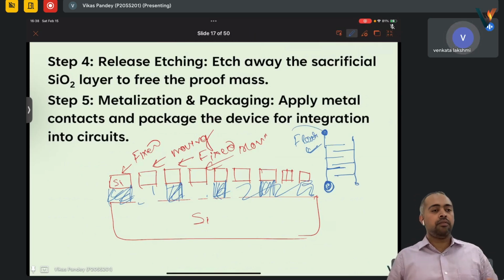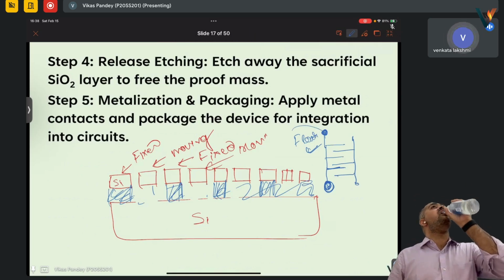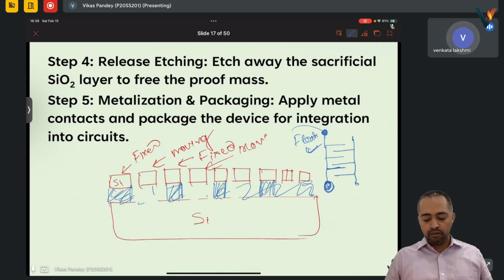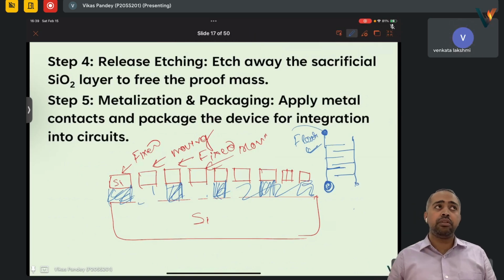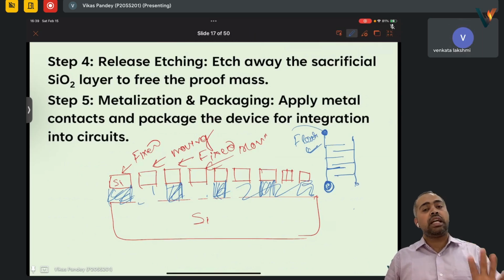Sir, the movement direction is vertical and somewhere horizontally it is fixed, sir. Is it true? No, this is not vertical. The displacement is not necessarily vertical. Displacement can be according to our use. It can be vertical or horizontal.